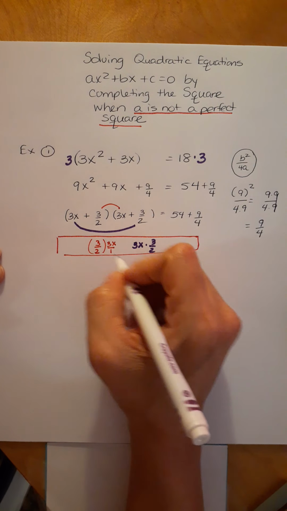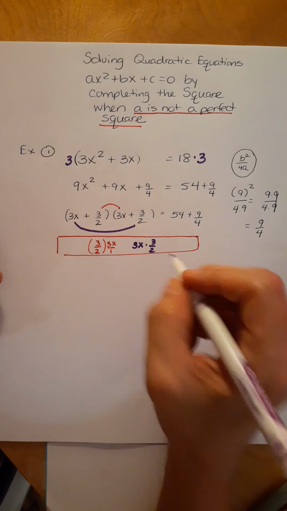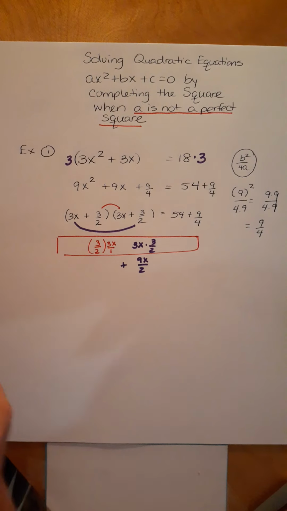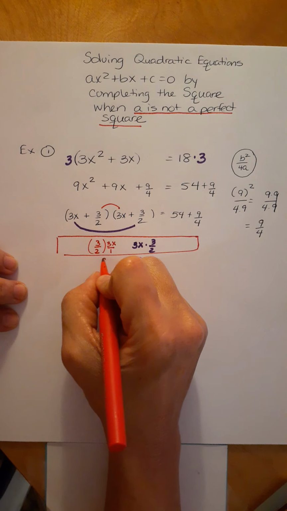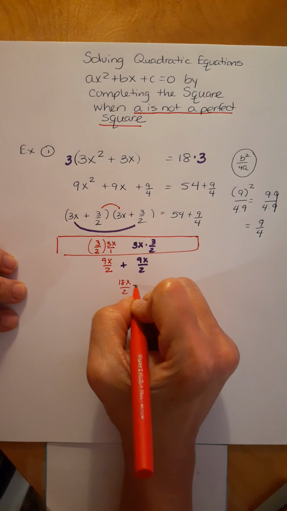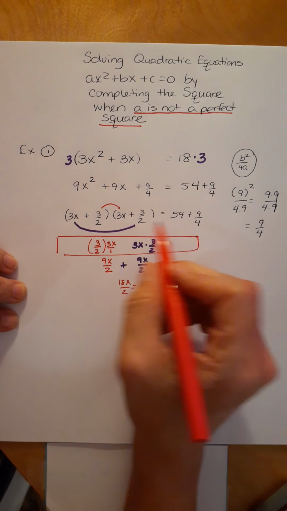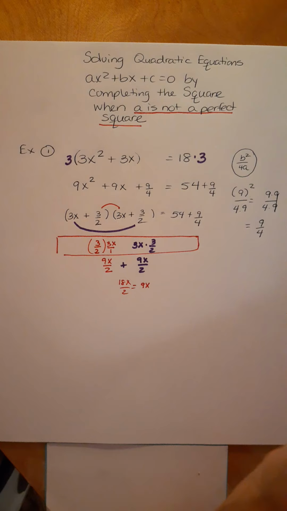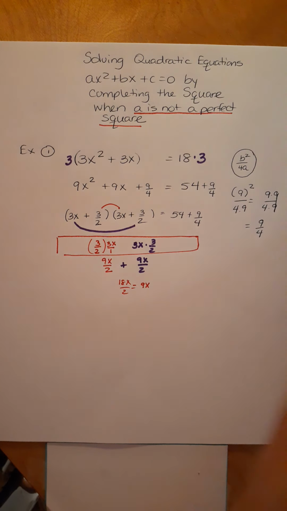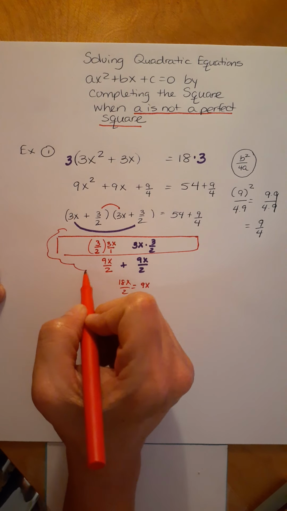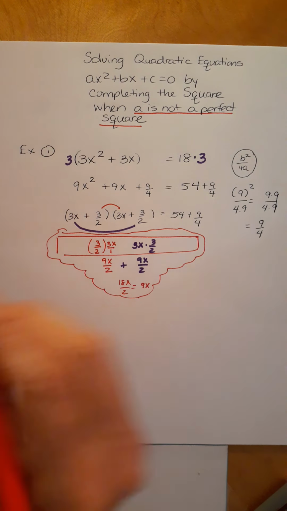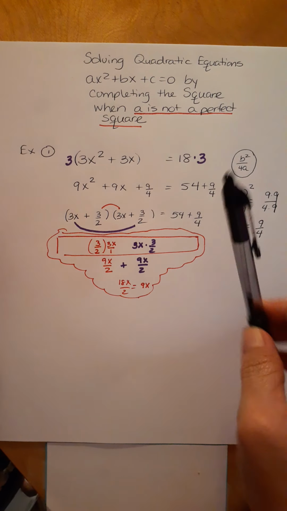Well, we get 9x over 2 plus 9x over 2, which is 18x over 2, which is 9x, which is exactly what we want. So that's cool. Now, that's just a little side note, so we'll leave this separate from the rest. Let me put a little circle around here so you know that this was just explaining what was going on. All right, so we know it works.